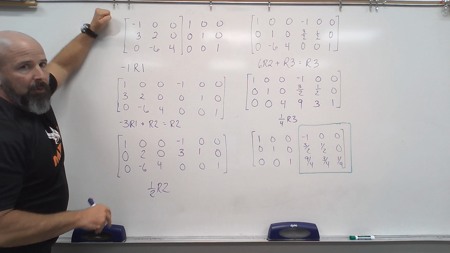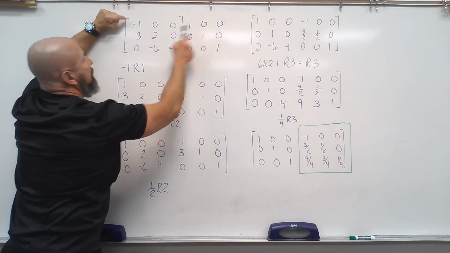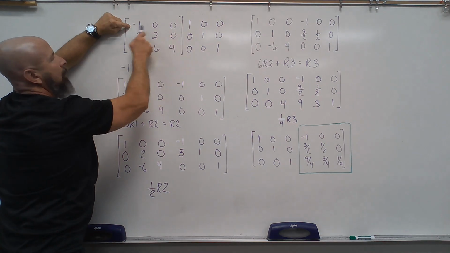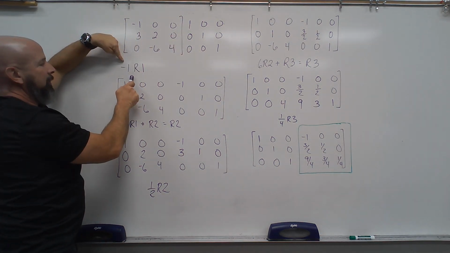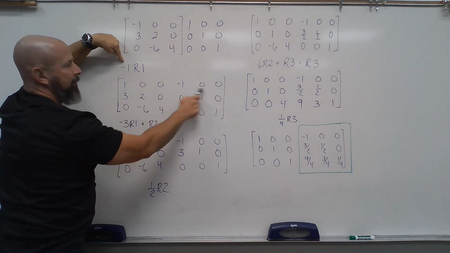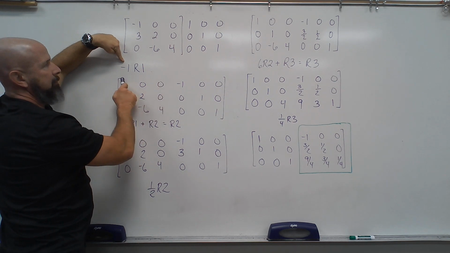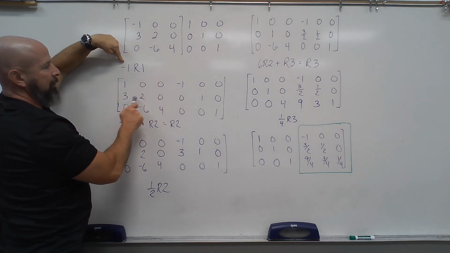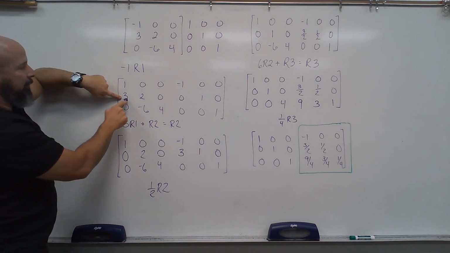So my process was, this tells me what I want. I looked right here and went, all right, I want a positive one. So I multiplied the top row by a negative one. That gave me those values. I've got what I wanted here. Now I want a 0, 1, 0. How do I get a 0 in this first spot?